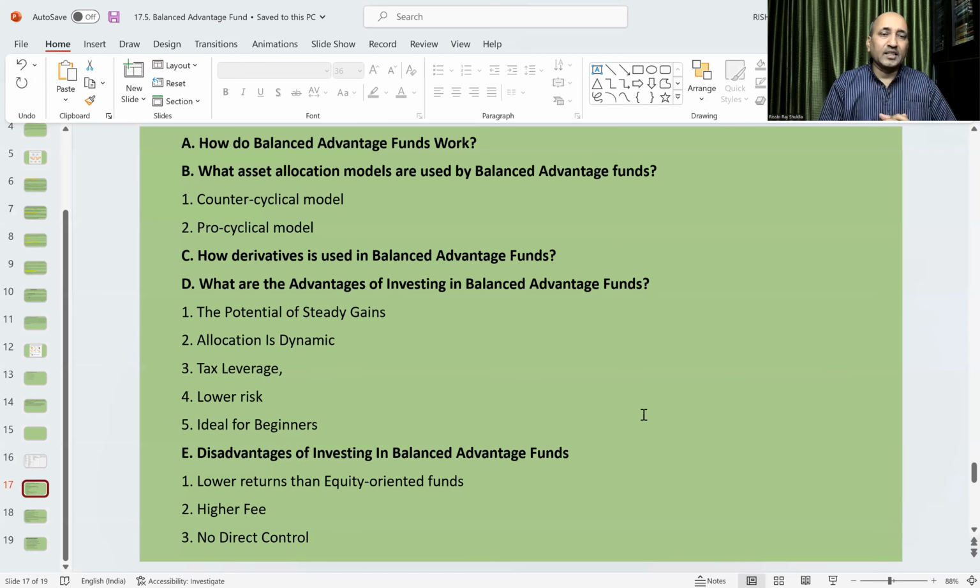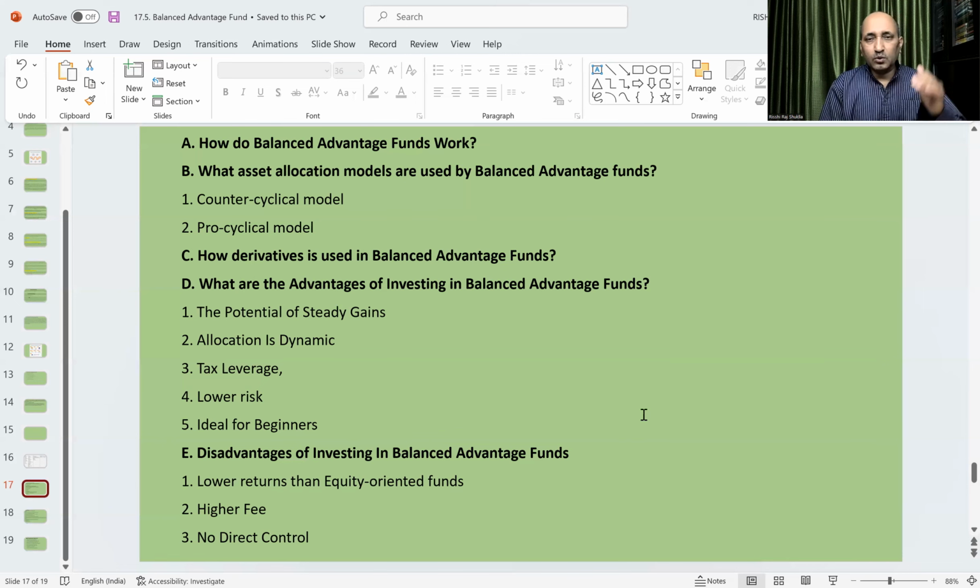In the case of the pro-cyclical model, just the opposite of counter-cyclical, whenever the market cycle is up or the market is in up momentum, allocation is also increased to equity fund and for debt it is reduced.